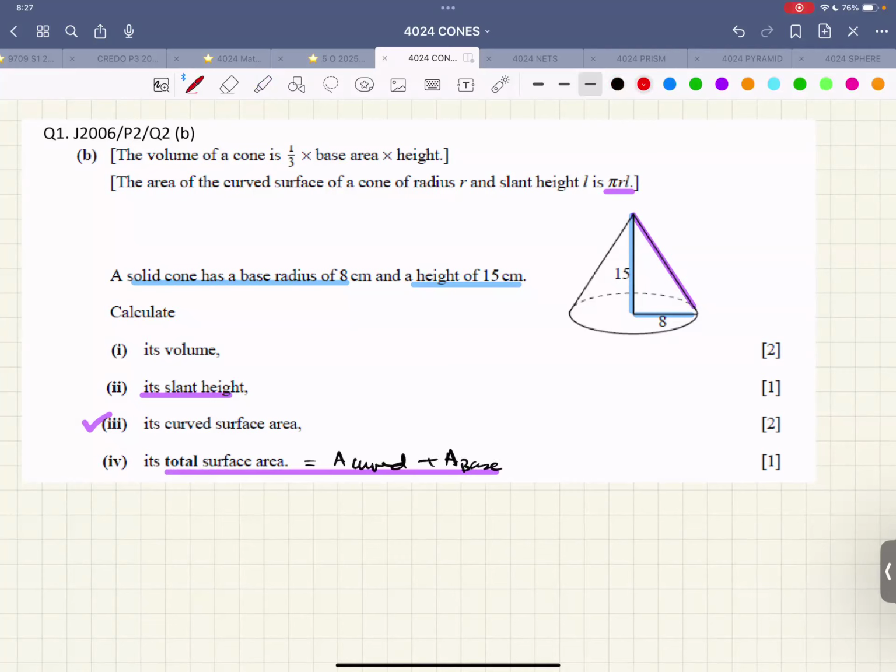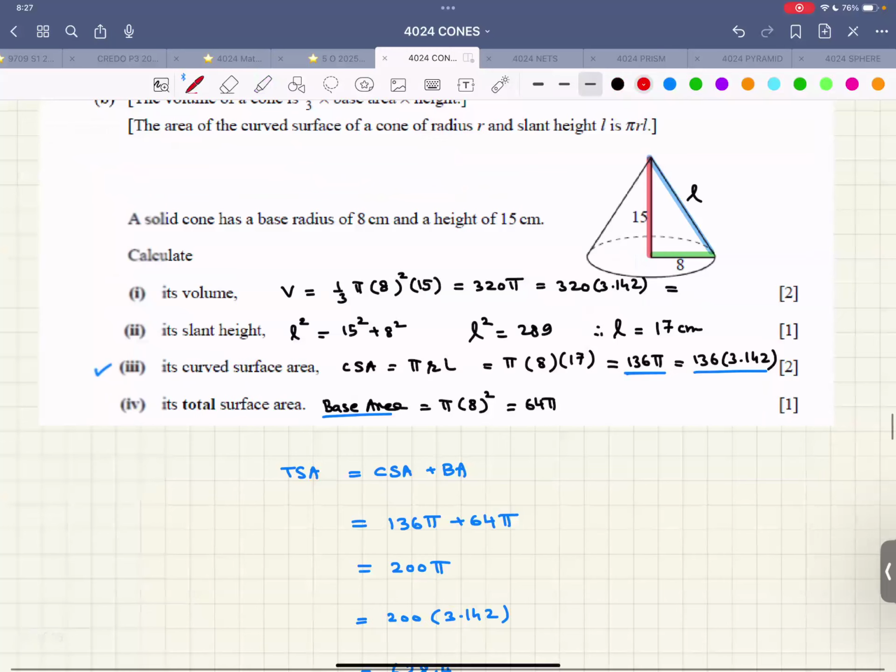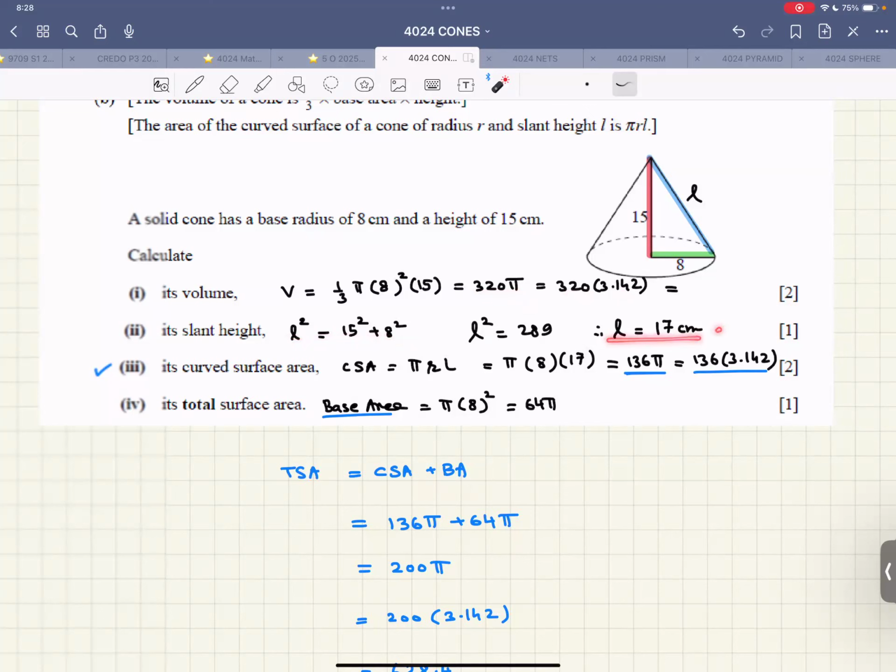And how can you find the volume? Volume is 1/3 pi r square h. That is r and that is h. And then you get this answer. So that's right over here. This is 1/3 pi r square h. I left the answer in terms of pi, and then I plugged in the value of pi. I applied Pythagoras theorem and found the value of l.